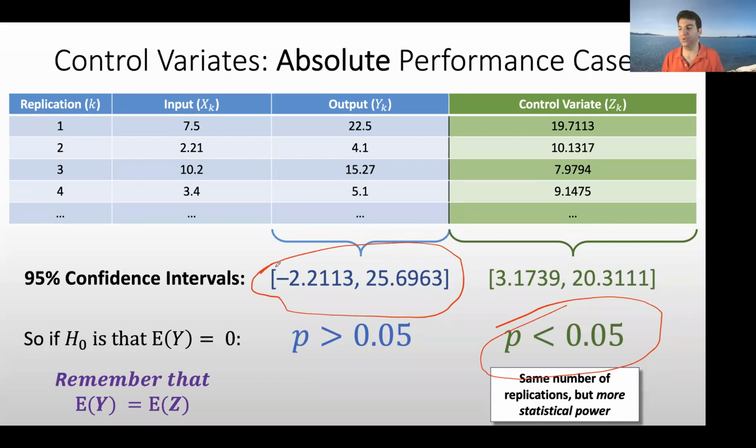So that is control variates, and that's the last variance reduction technique that we go over in the class here. So are there any questions of that? Is that pretty clear? And again, this is an approach you can apply to any experiment that you run as an industrial engineer, not just a simulation experiment.